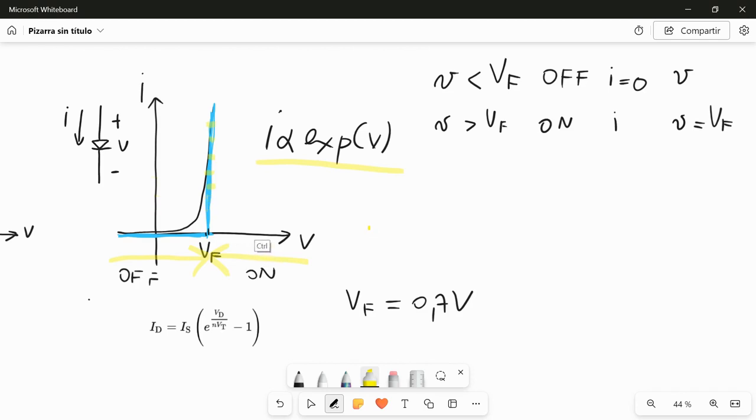The main problem with diodes, in my experience, is this apparent contradiction: we don't understand if the V of the diode is more than VF or is VF. So this is the big deal. Let's see this now with an example.